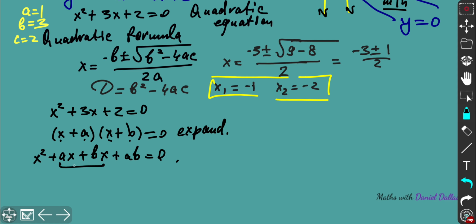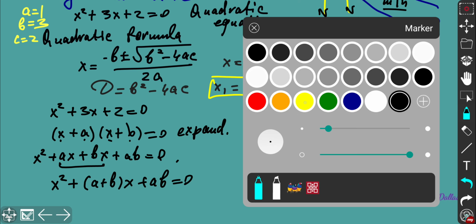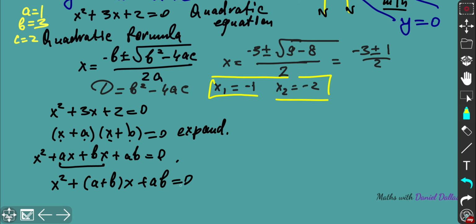Here in this group you can factorize x, and hence you'll get x squared plus (a plus b) times x plus ab. Now you just need to compare this general expression with ours.